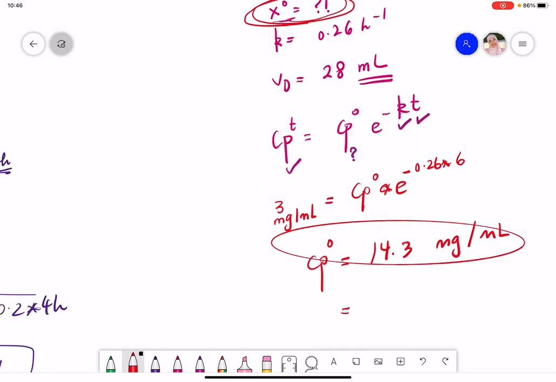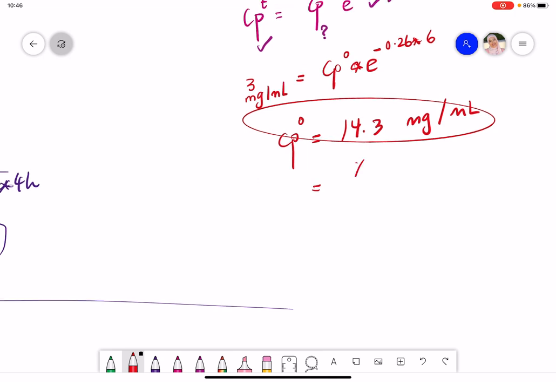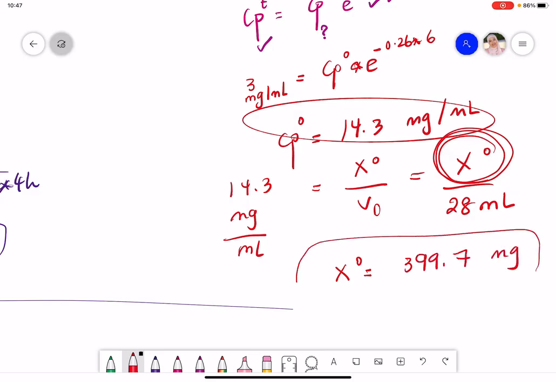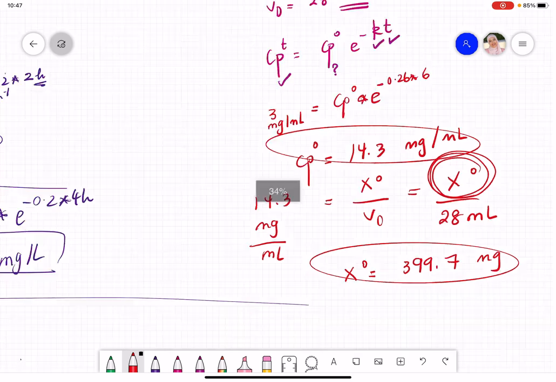So if CB naught is equal to X naught over VD, this is 14.3 milligram per milliliter, and this is X naught over the volume, which is 28 milliliter. Then I can define X, which is the needed value, then X naught equals 399.7 milligram. Okay, and if the question asks you about gram, you can just convert it to gram.